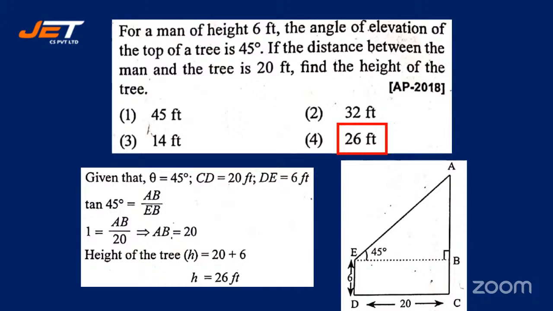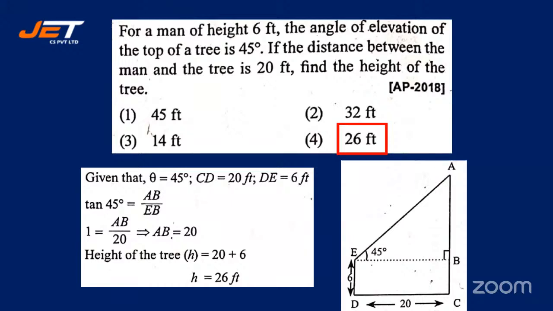Okay. So here, the theta is 45, right? So CD is 20 feet. DE is 6 feet. So it is opposite side by adjacent side. What is opposite? AB by EB. But we know EB is the same as EC, that is 20.